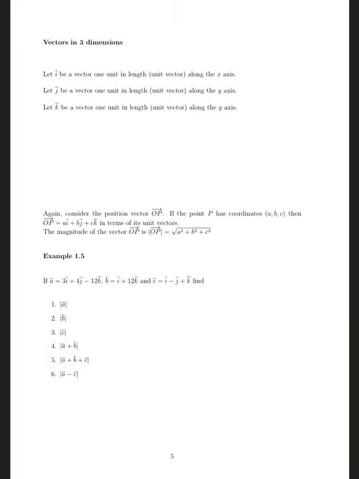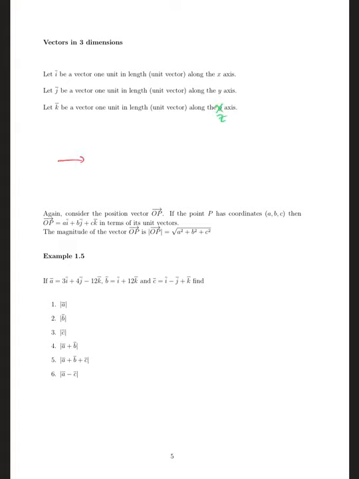Now for vectors in 3 dimensions, we do the same thing. So we have our i unit vector, a vector of length 1 unit along the x-axis, j, the unit vector in the direction of the y-axis, and we introduce k, which is the unit vector along the z-axis.